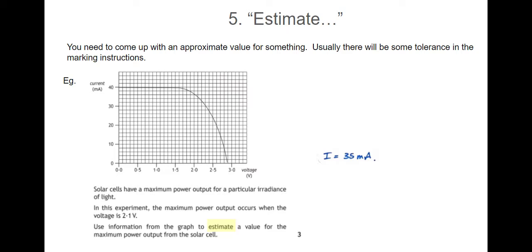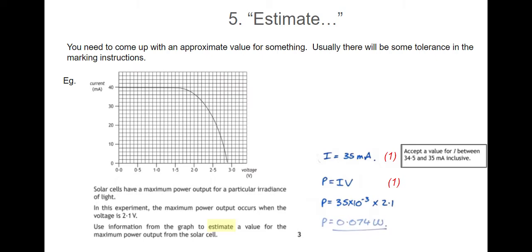I can see it's between 34 and 36, and actually it's going to be less than halfway up the box. So I'm going to guess 35, but the SQA were allowing me a value for the current between 34.5 and 35 milliamps. And then I do my P equals IV sum, and that gets me my answer. That's why it's an estimate.